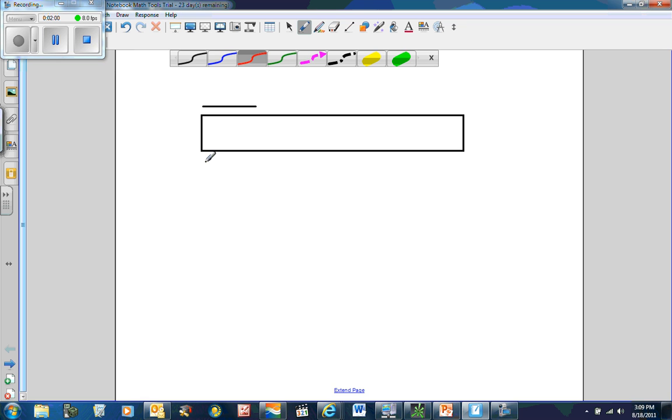And so what we're going to do here is just look at a few things. All non-zero numbers are significant. So the only thing we have to worry about is the zeros. So for example, if I have 0.023 grams, that's only going to have two significant figures.